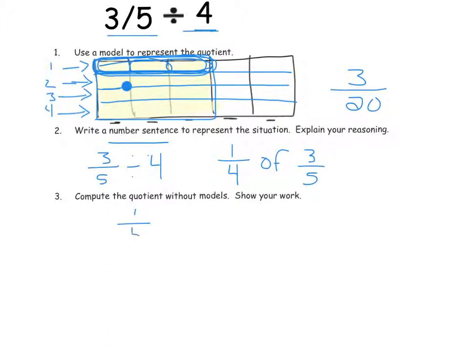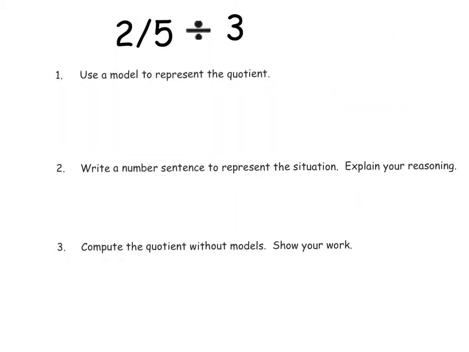So 1/4 of means multiplication, 3/5. Again, it works out to be the same. 1 times 3 is 3, 4 times 5 is 20. So the area model and our number sentences turn out to be the same thing.